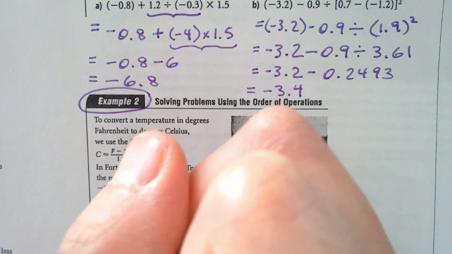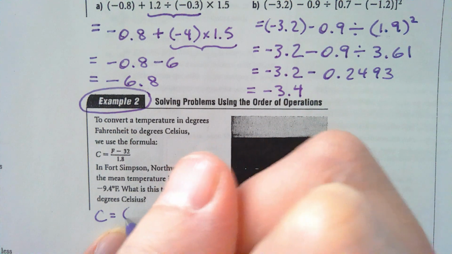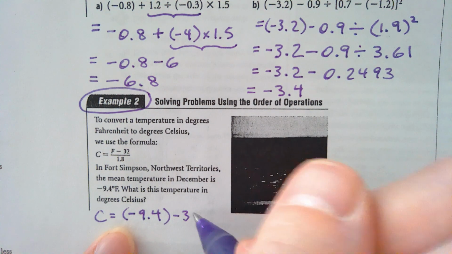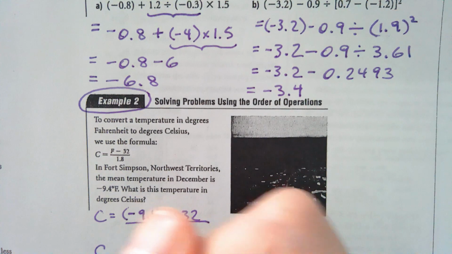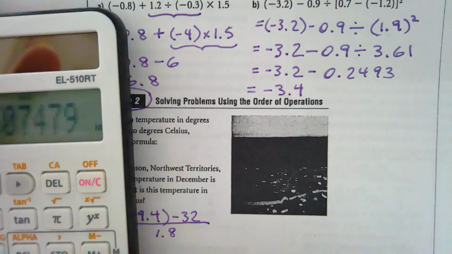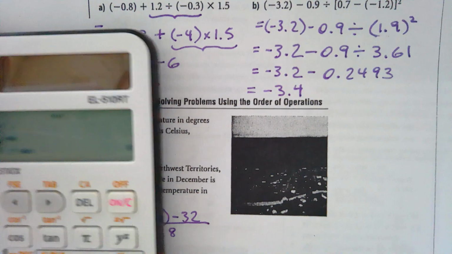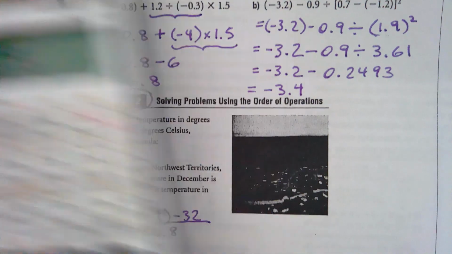So substituting the negative 9.4 into the formula. So negative 9.4, take away 32, divided by 1.8. Okay, so again, using your calculator, negative 9.4, take away 32 on your calculator.